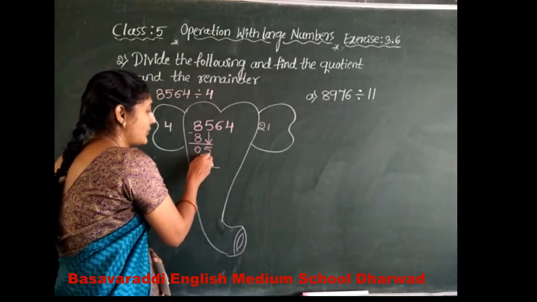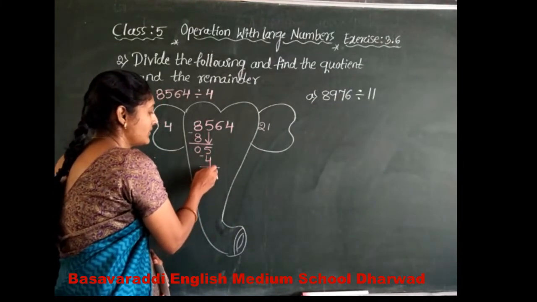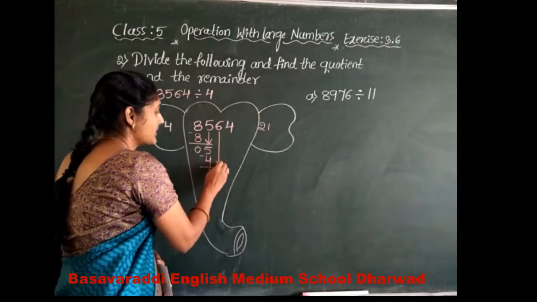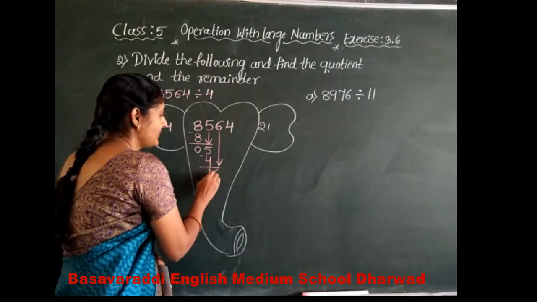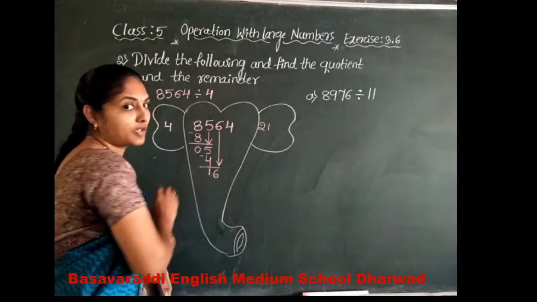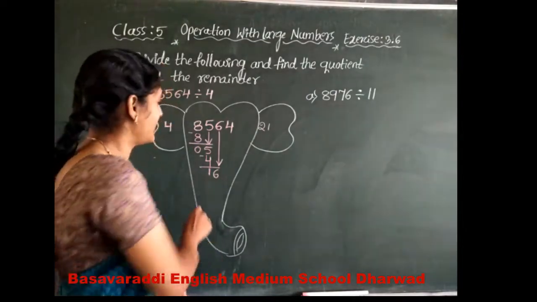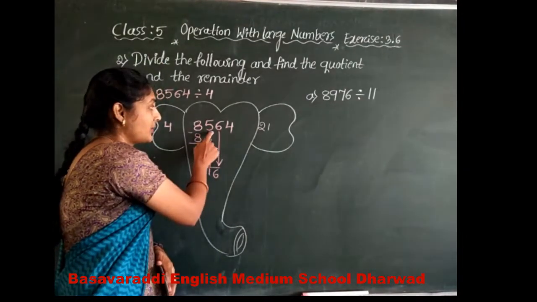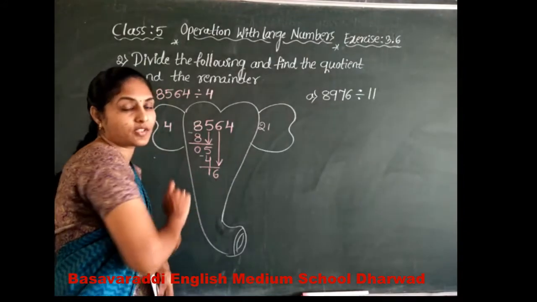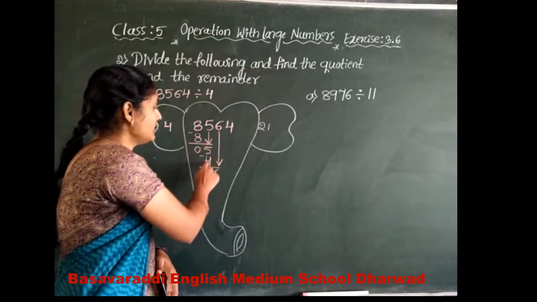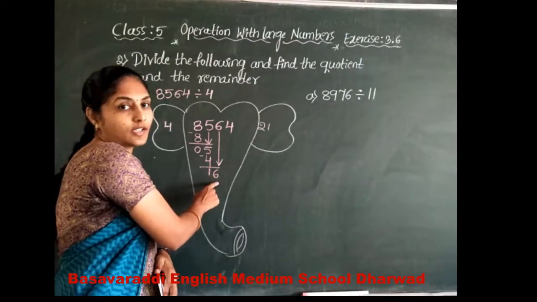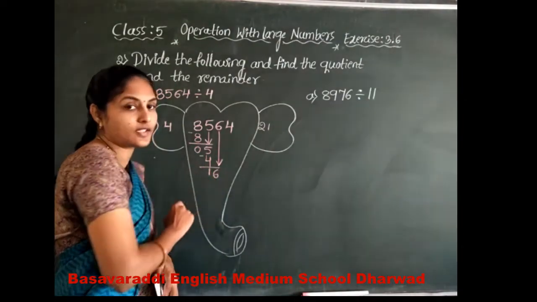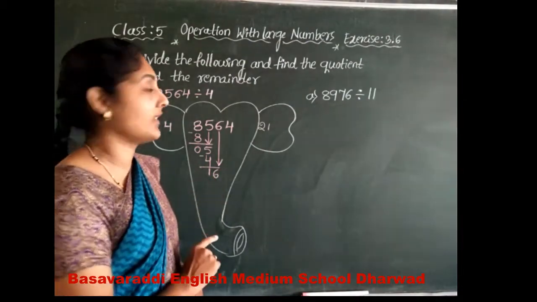So 5 minus 4 is 1. The remainder of the hundreds place is 1. Next, take down the tens place, which is 6. We club the numbers and get 16.